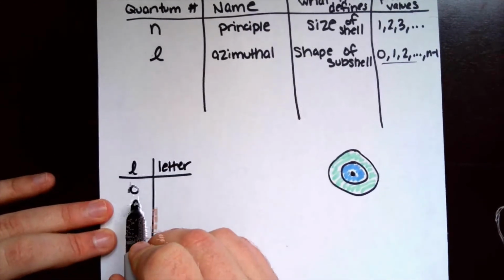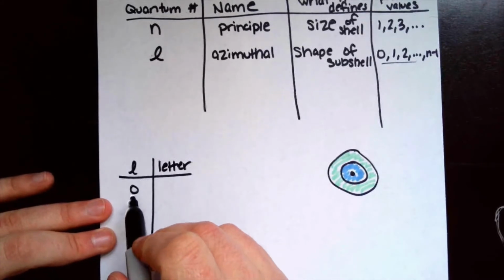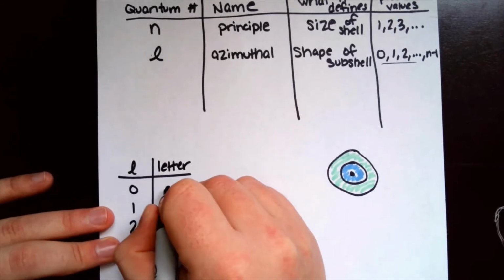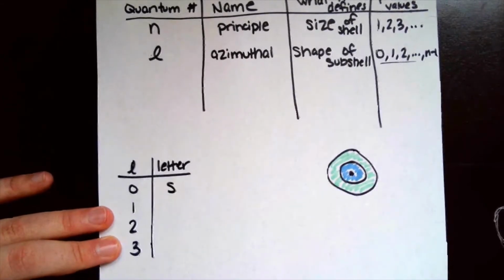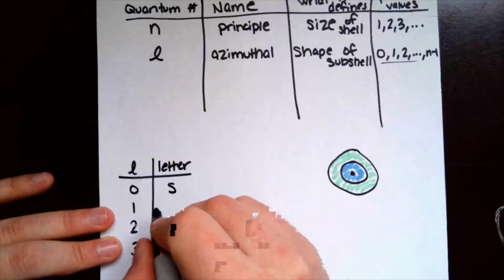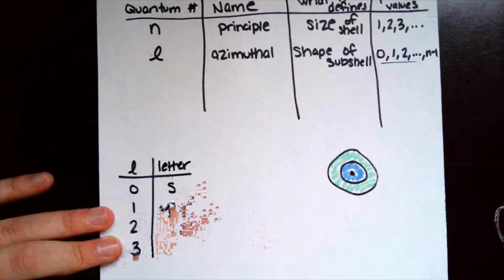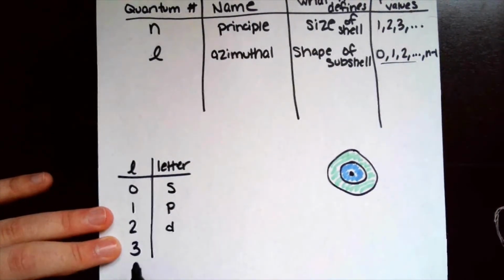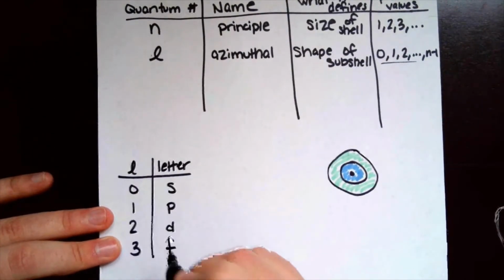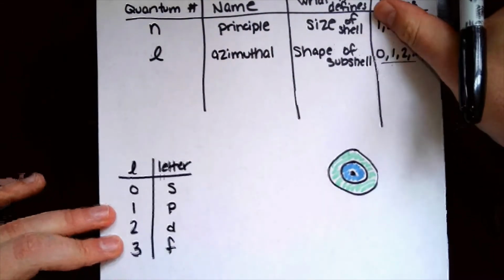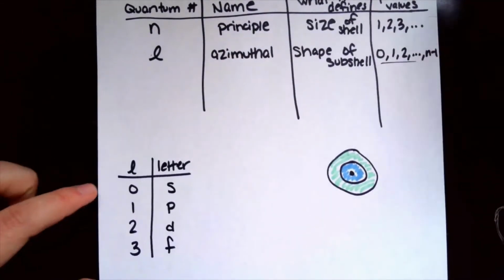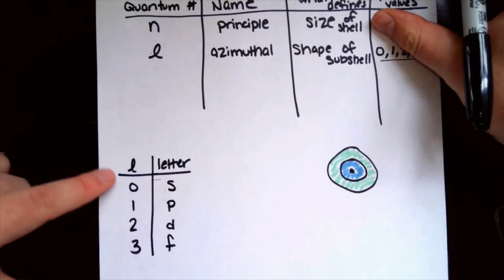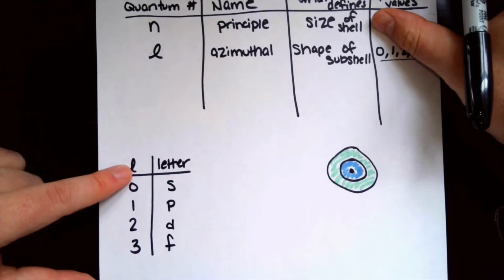Again, this will make more sense in my next 2 videos as well, but if you have an L value of 0, that's represented by the letter S. An L value of 1 is represented by the letter P. An L value of 2 is represented by the letter D. And an L value of 3 is represented by the letter F. Again, in my next video, I'll explain a little bit more what that means. But just know that if you see these letter designations, those correspond to these respective L values.